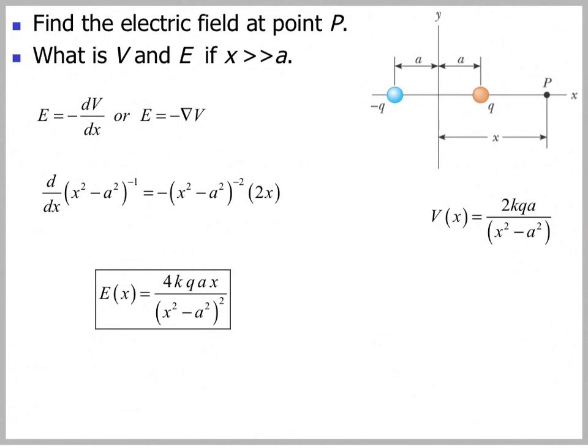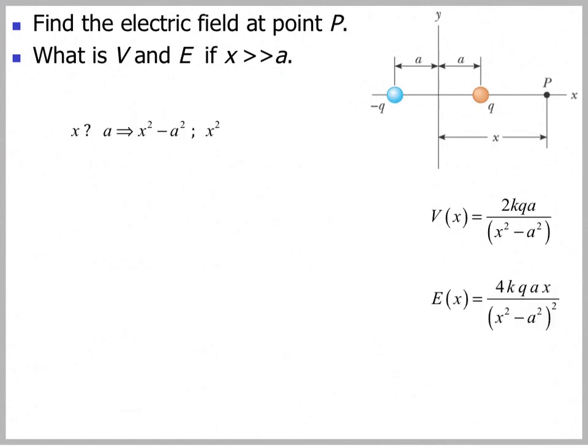Now I could have calculated this electric field just by figuring out the electric field due to the point charges and adding them vectorially, but we did it using potential. It's just another way of calculating the field. But now, what happens if x is much, much bigger than a?